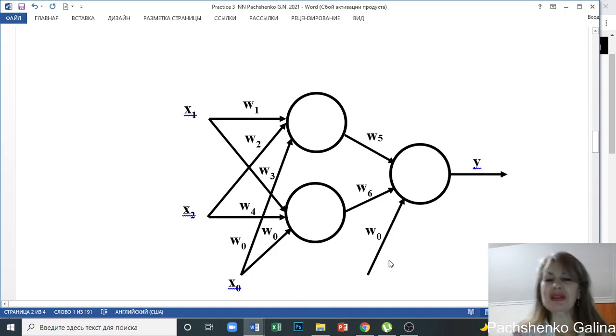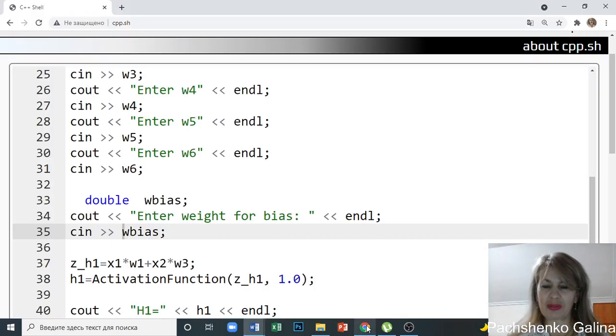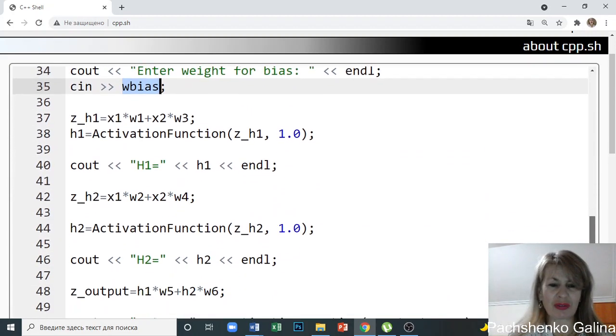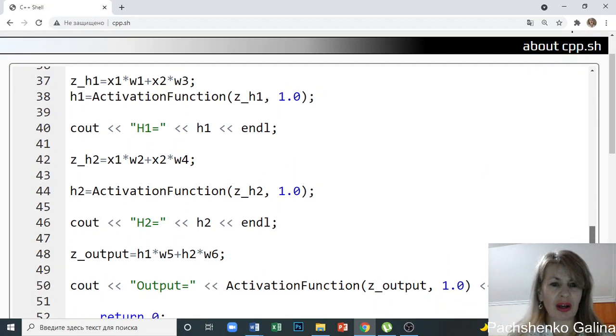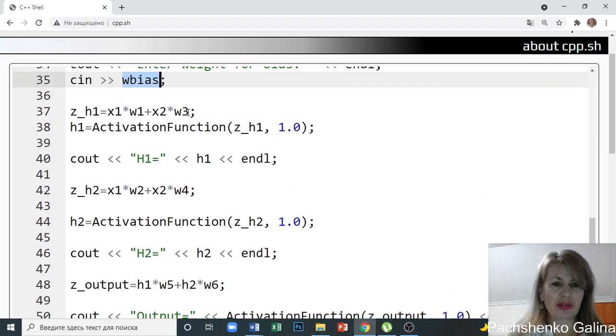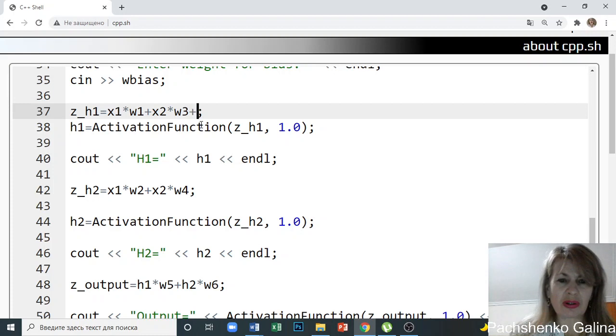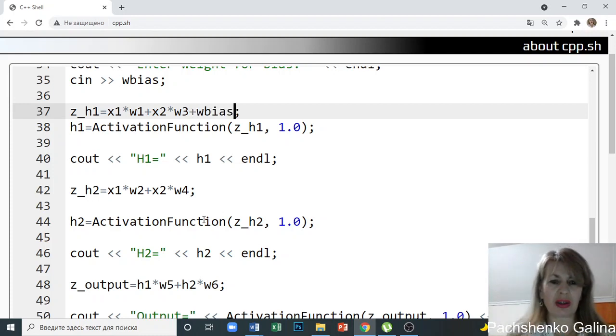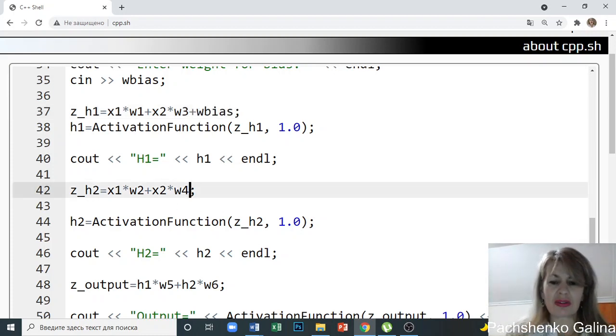So let's add this additional weight to each sum in our program. Here we input from the keyboard the value for bias, and now we add it to sum 1, to sum 2, and to sum 3. Here goes our sum 1. So let's add it. Okay, and then we add here like this, and to the third.